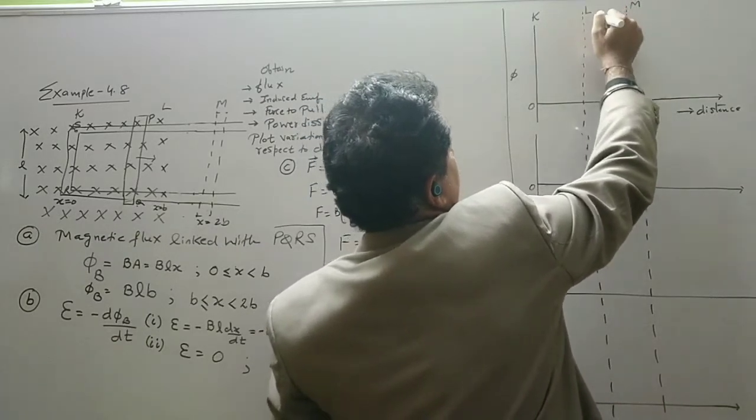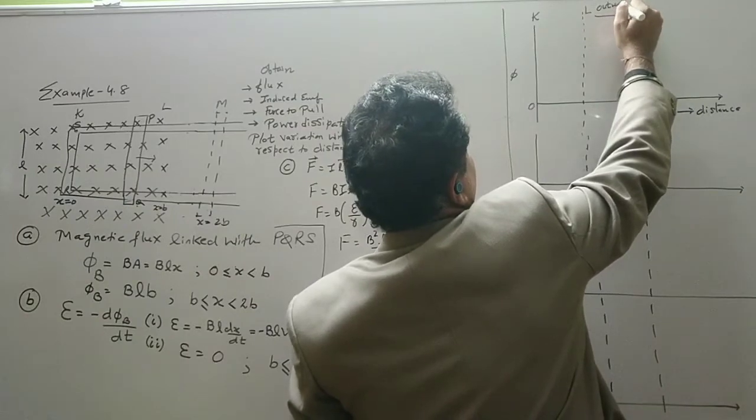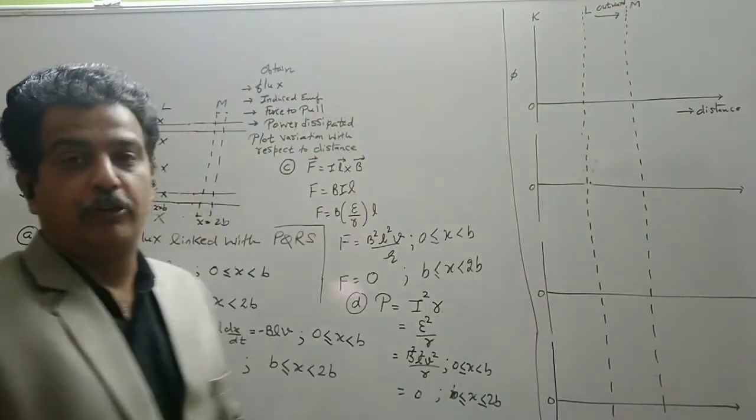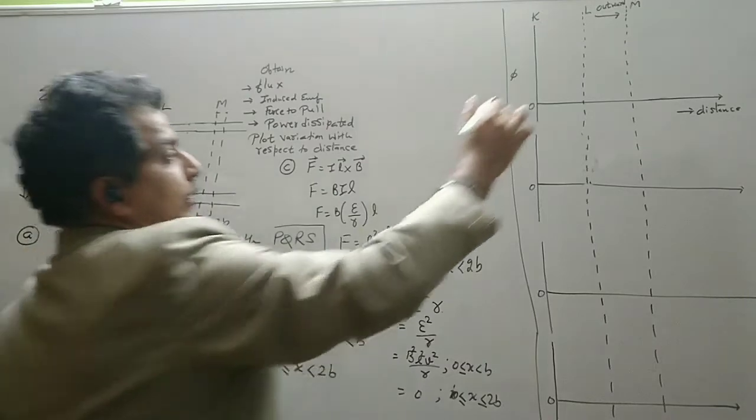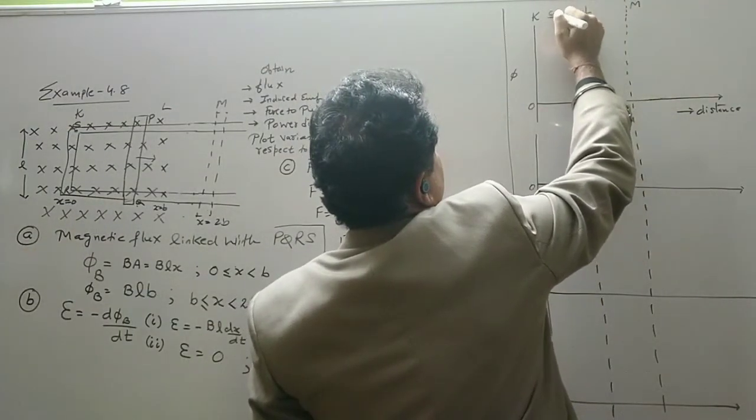This arrow indicates outward. So you are moving from K to L, L to M. That is outward.